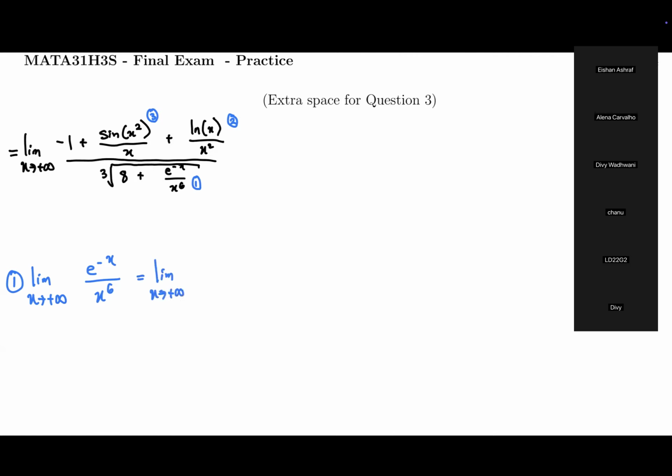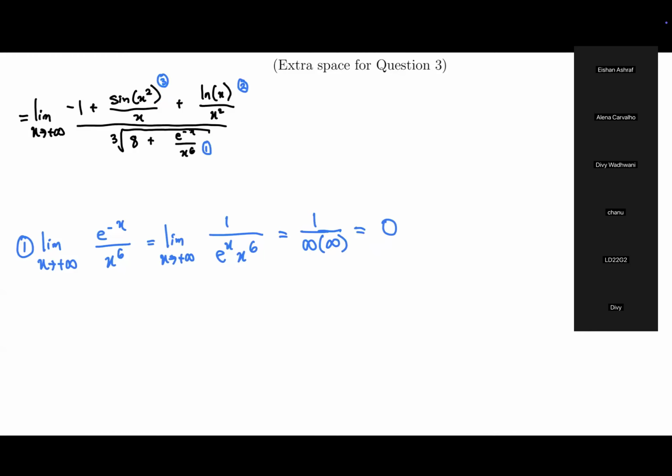This is the same thing as writing e to the x times x to the 6, which we know that both of these values tend to infinity if x approaches infinity, and we know that this tends to 0. So we know the first one doesn't really do anything for us. It just gives us a constant. That's good. Let's look at the second one.